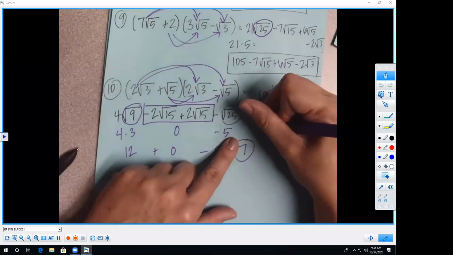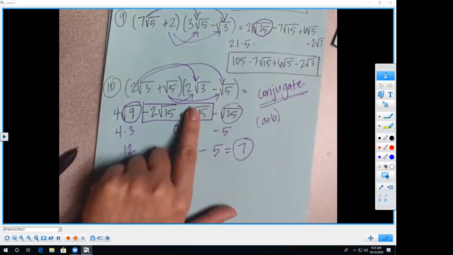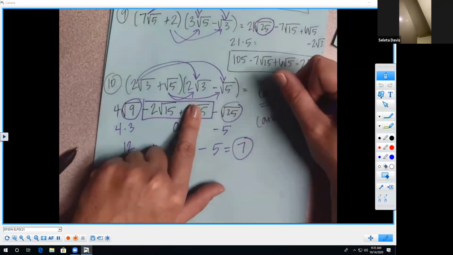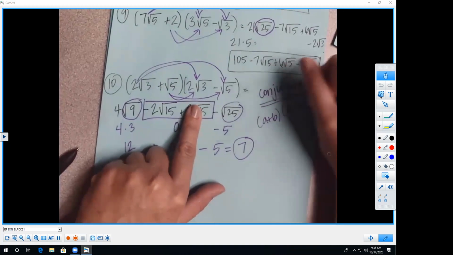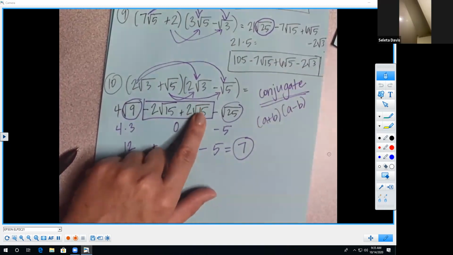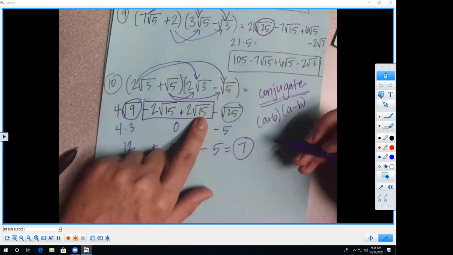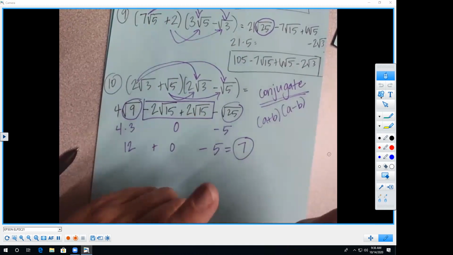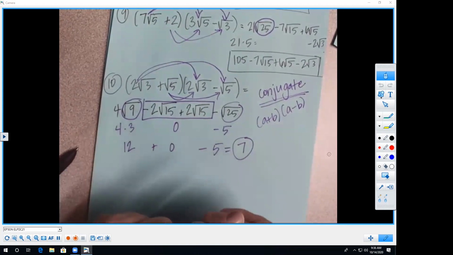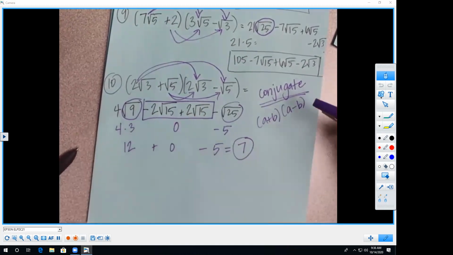So if I had A plus B, the conjugate would be A minus B. Or if I had A minus B, the conjugate would be A plus B. The whole reason of using a conjugate is the conjugate gets rid of ugly stuff, essentially.